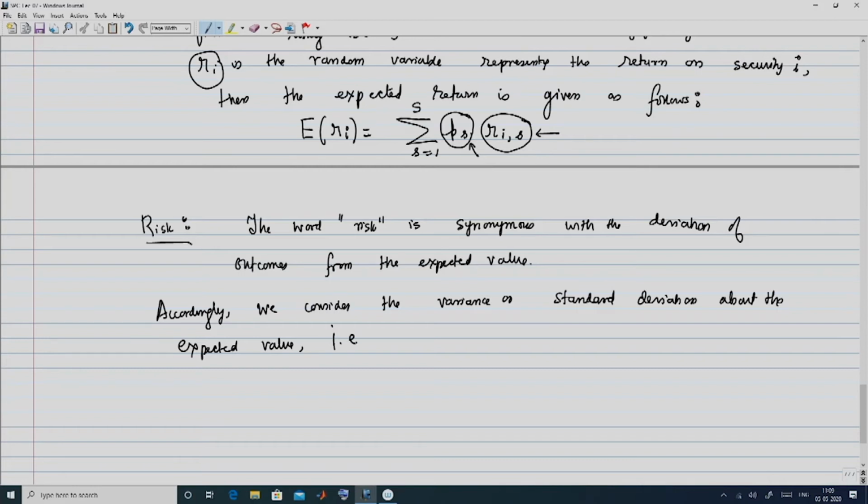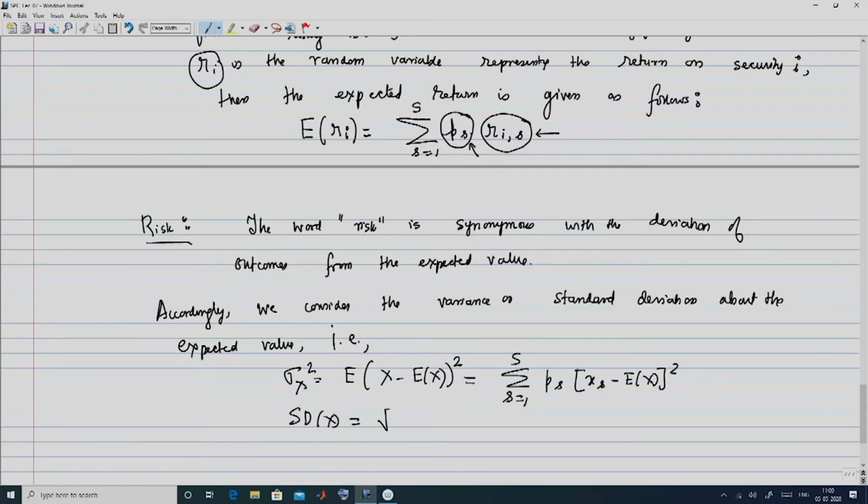That is, sigma x square is E of (x minus E x) square, and in the notation of probability and random variable in this discussion, this is going to be the summation of p s times (x s minus E of x) square, small s equal to 1 to capital S, and the standard deviation of x is equal to the square root of sigma x square.